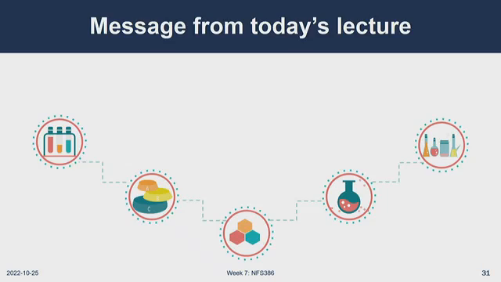Okay, we are done with this. So what is today's message? Today's message is that there are different saturated, polyunsaturated fats. They're coming from different sources, and they have different ways of processing.